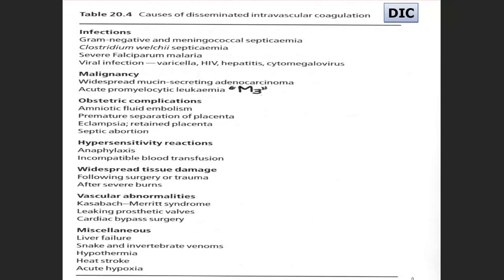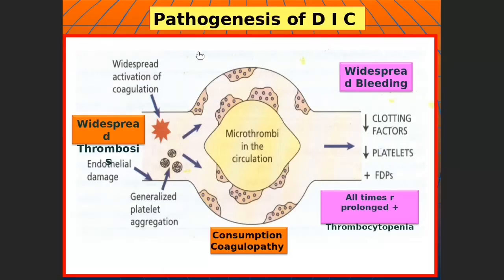This is the pathogenesis. We have widespread endothelial damage. Endothelial damage will lead to activation of coagulation factors and activation of platelets. This will result in widespread thrombosis in the whole circulation.